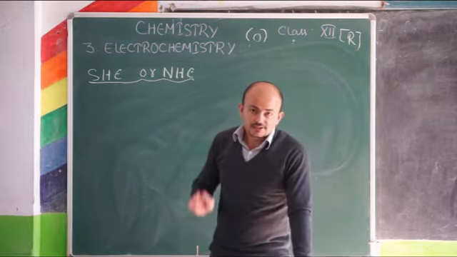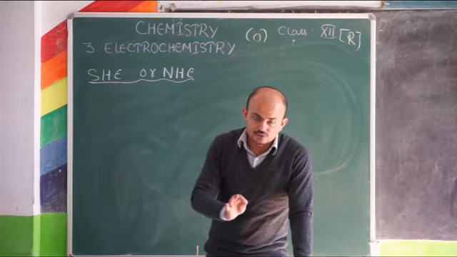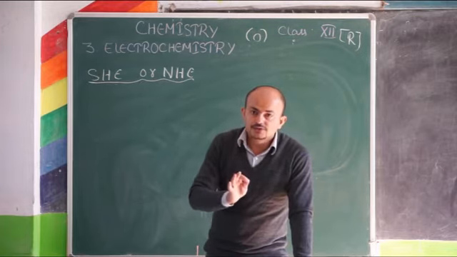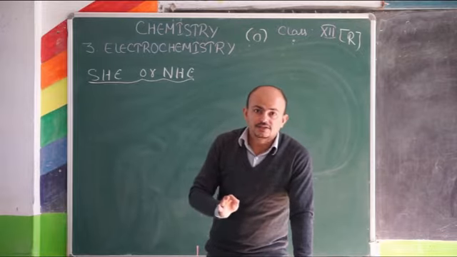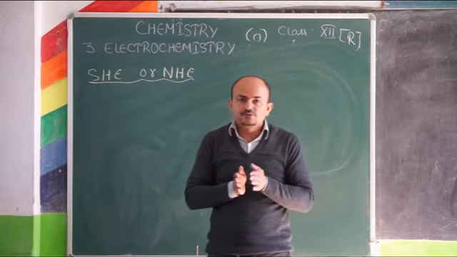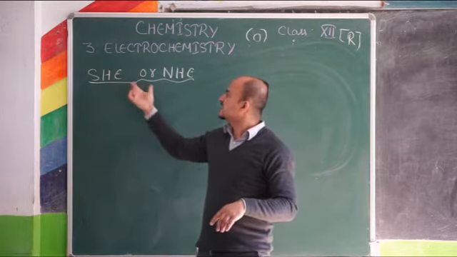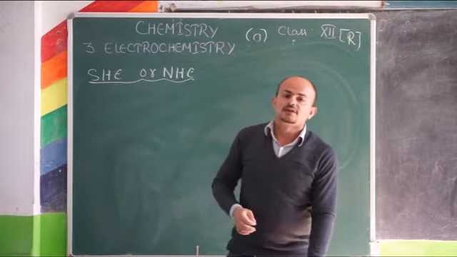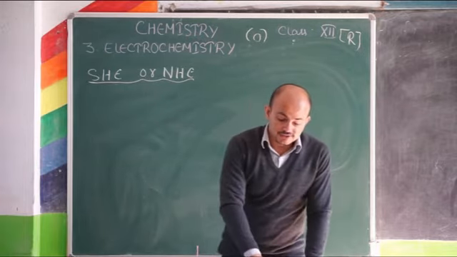Now let's discuss single electrode potential and its measurement. Just now I told you, it is impossible to measure the absolute electrode potential of a given half cell. So it has to be compared with some reference electrode, and this reference electrode is SHE, or normal hydrogen electrode. You have to remember this.